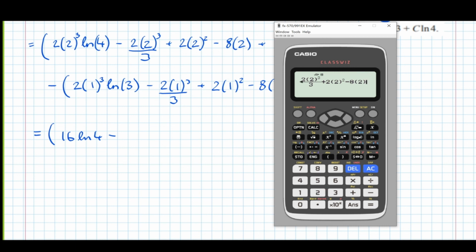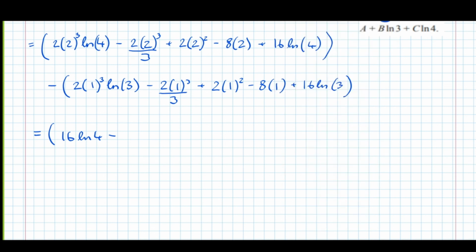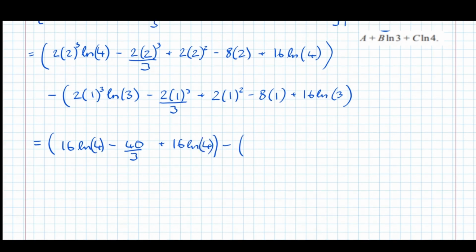Minus 8 lots of 2, which is minus 40 over 3. Plus 16 log 4. Take. So 2 times 1 cubed log 3 is just 2 log 3.